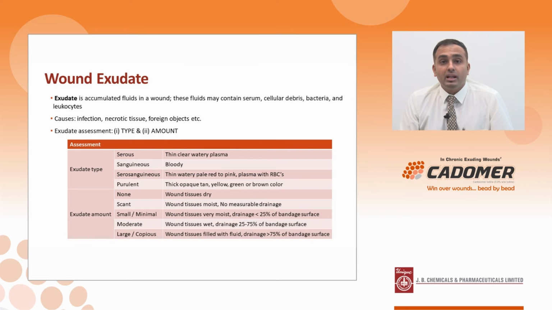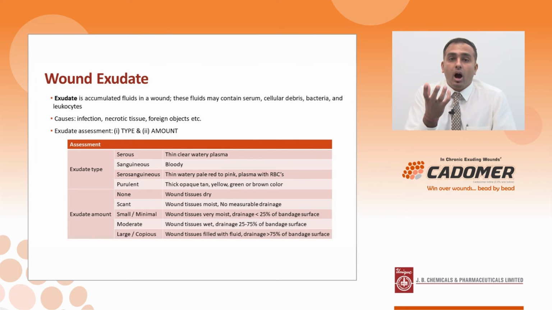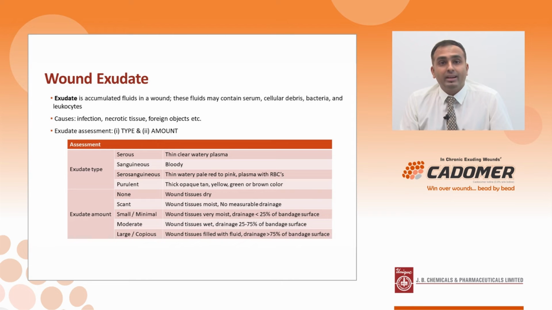Cellular debris, which means unwanted waste of the cells. Then bacteria, that is infection, and even leukocytes. Leukocytes are important first line defense cells. They are the soldiers, the white blood cells that help to engulf or destroy disease causing organisms like pathogens.